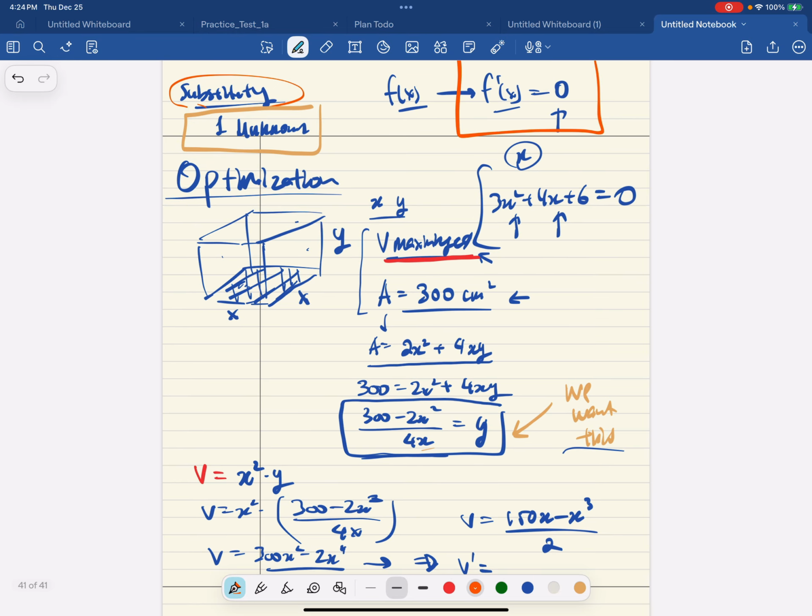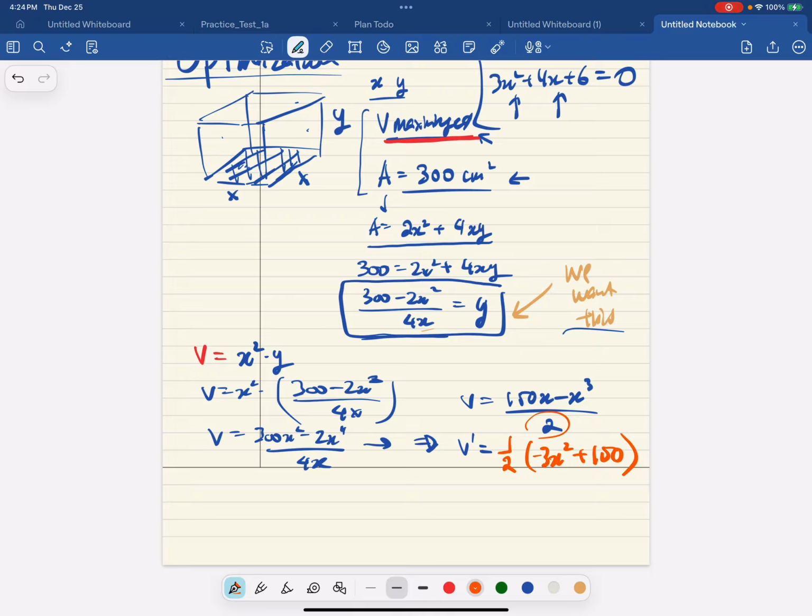And the inside is minus 3x squared plus 150, and we want to set that equal to 0. So minus 3x squared plus 150 is equal to 0.